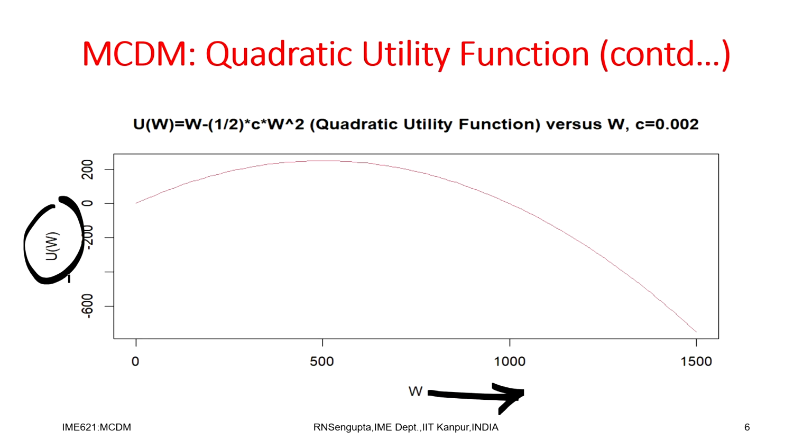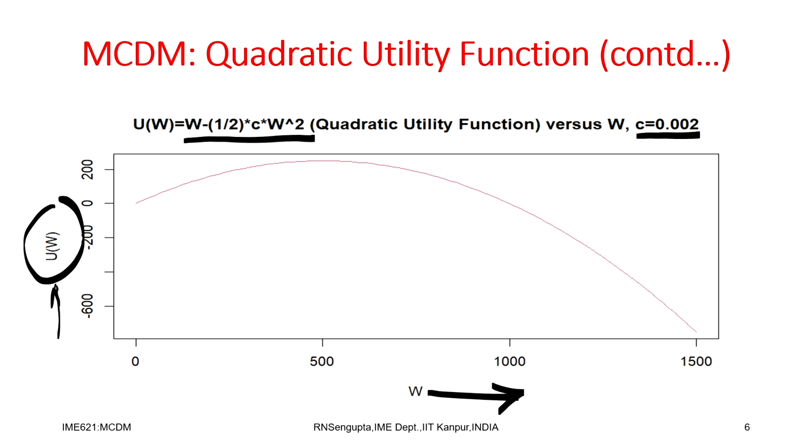U is plotted along the y axis, for the same quadratic utility function w minus half c w square, now with the c value of 0.002, because c is only being multiplied by 10 to the power minus 2 here. In the other case it was 0.02, now I shift 2 places. That is just a scaling factor, but the characteristics of the graph remain the same.